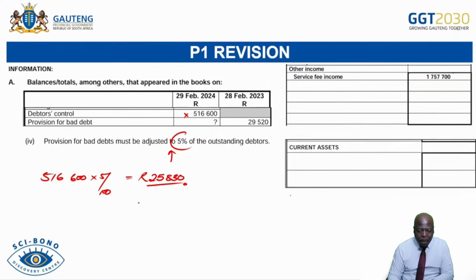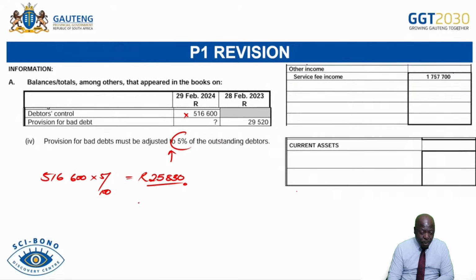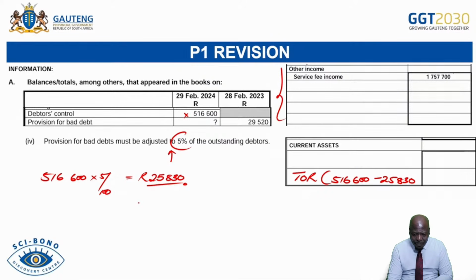So if you were preparing the statement of financial position, you would have to come to trade and other receivables and say 516,600, and then you subtract your 25,830, like that. But what would you do in your statement of comprehensive income?